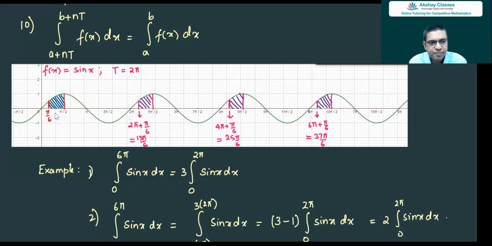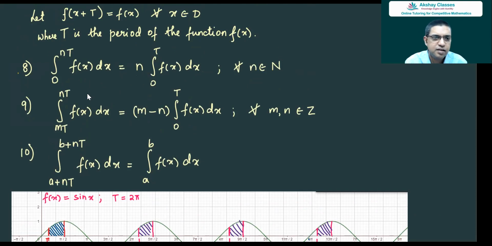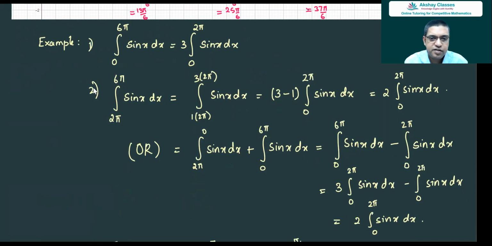So from pi by 6 to pi by 2 integral is same as integral 13 pi by 6 to 5 pi by 2, which is the same as integral 25 pi by 6 to 9 pi by 2, which is same as integral 37 pi by 6 to 13 pi by 2. So that is what this property is. So these are the three properties.